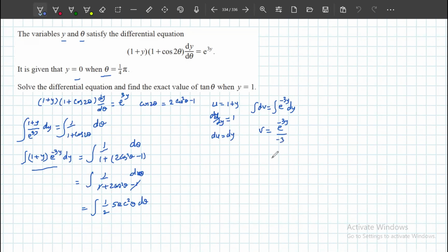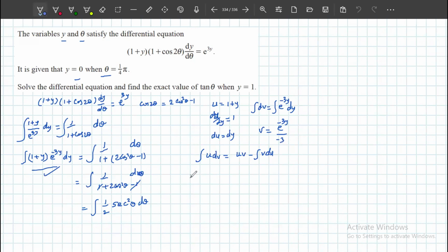And remember that for integration by parts, we have this formula that will help us: integration u dv is equal to uv minus integration v du. So I will replace the values of u and v, but better we apply it here on the left hand side.